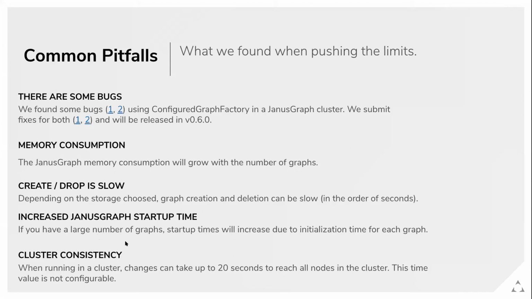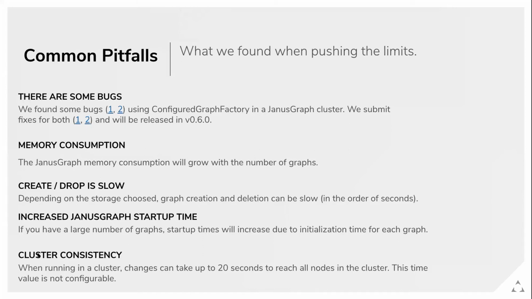If you have a large number of graphs, it can take a long time to start, because when JanusGraph starts, it opens all the graphs that are available on the management configuration graph. For example, with 200 graphs, which happened to us, it can take a couple of minutes to finish opening all the graphs and starting up the storage layer for each one.